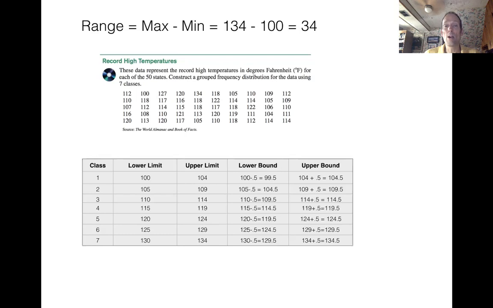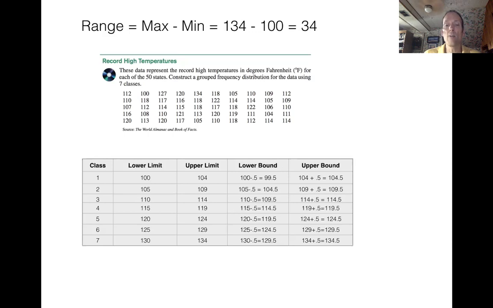So to get my lower bounds, I'm going to take the lower limit of each class and subtract exactly 0.5 from it. To get the upper bound, I'm going to take the upper limit of each class and add exactly 0.5. And I'm always going to be using 0.5. That won't change unless I end up with data that has decimals. For our purposes, we're only going to be working with whole number data sets though.